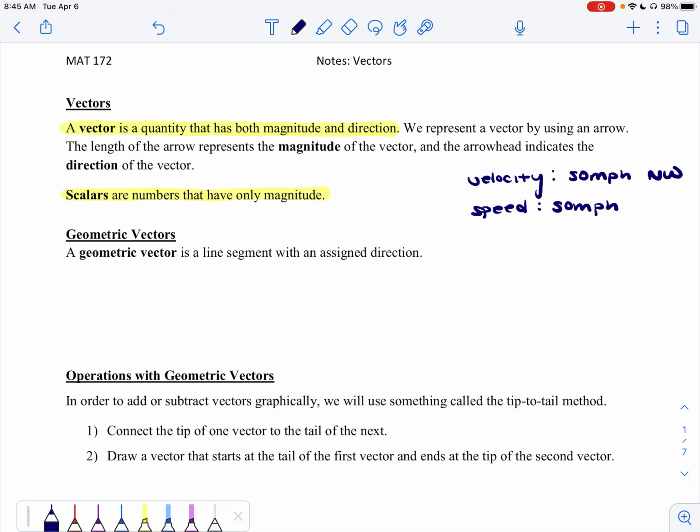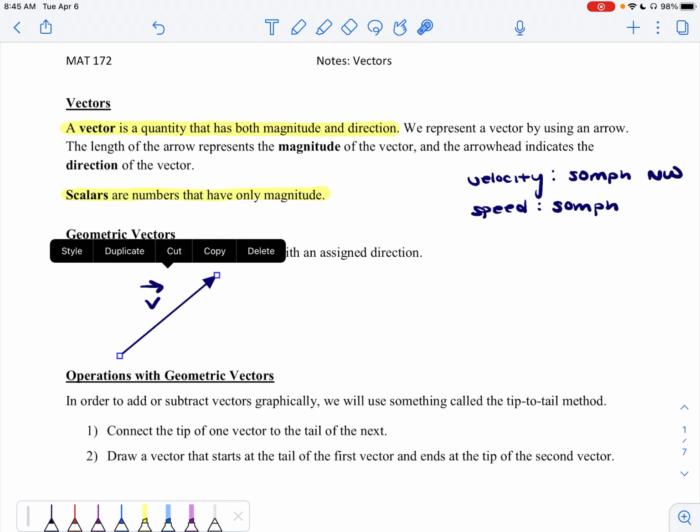So I could just draw out a little arrow right here, and I could call that my vector V. The length of your line represents the magnitude, and the arrowhead is giving you the direction. So the longer the vector, the bigger the magnitude. The shorter the vector, the smaller the magnitude.